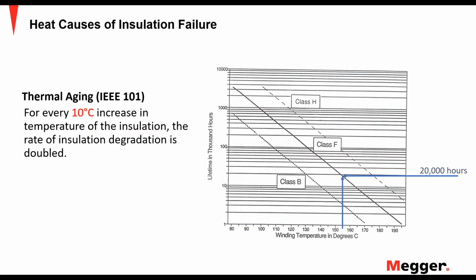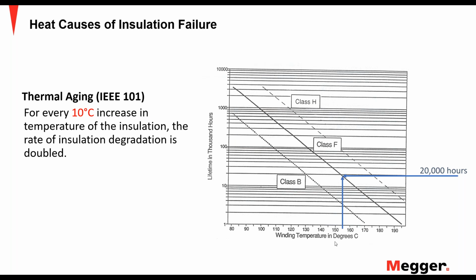So dynamic testing will help us identify those factors. One of those factors, the biggest one, and the one Abel had on his screen, is that for every 10 degrees rise in temperature, the insulation degrades at a rate that halves the life of that insulation.